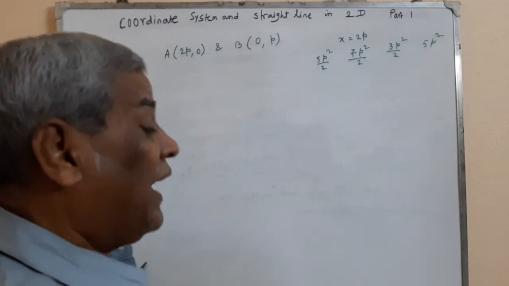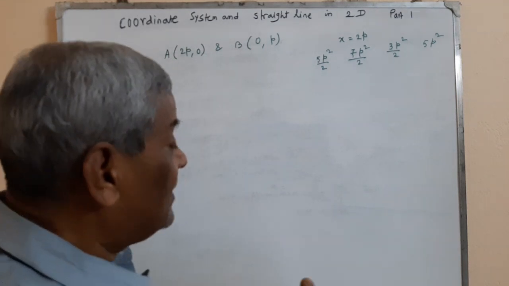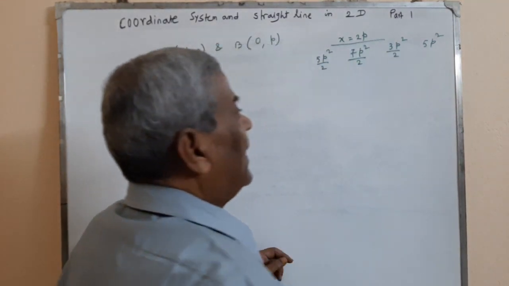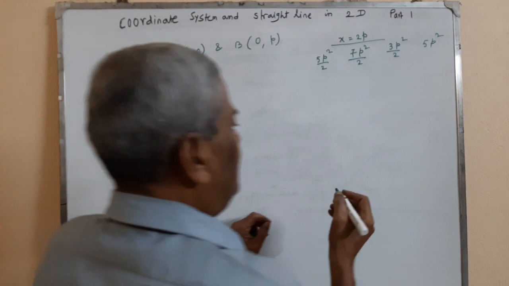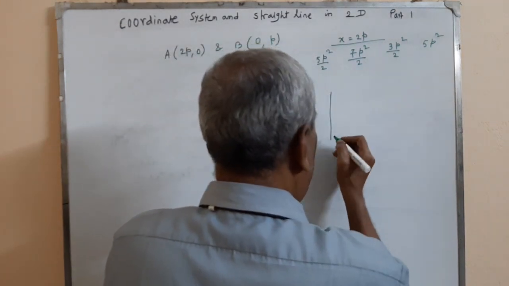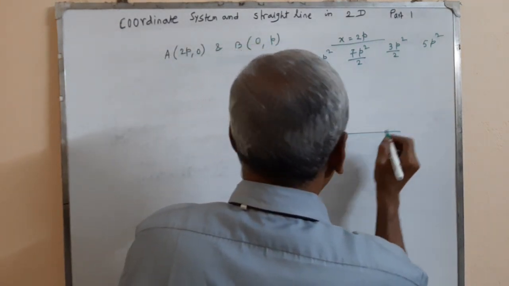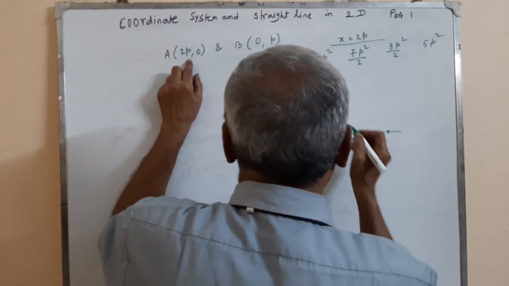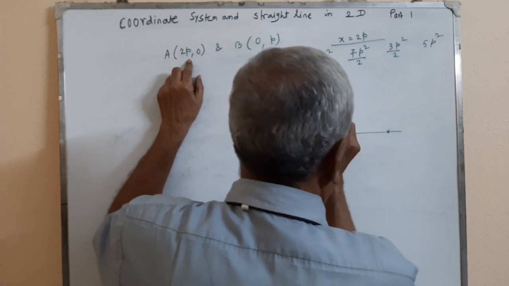The other vertex lies on that straight line. Then the area of the triangle. First draw it. 2p, 0, this is (2p, 0) say, and this is (0, p).